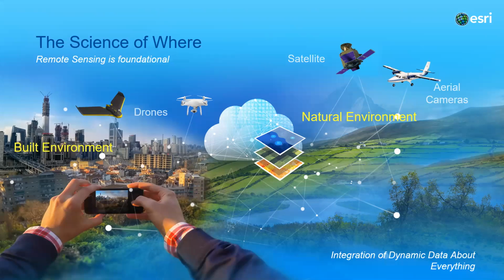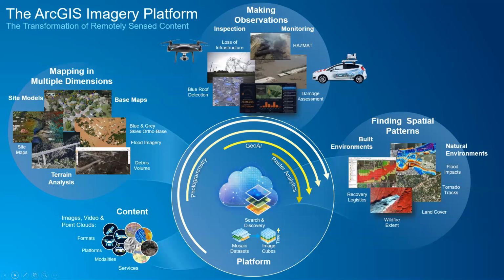And with the advent of drones, it's even more exciting because now, for a very little amount of money and a simple implementation, you can literally carry around a complete mapping system in the trunk of your car and just about go any place, launch a drone, go out and start doing some beautiful 3D mapping. We're just going to show you some great examples and how that all works for you today. So, it's just a natural extension of the science of where.